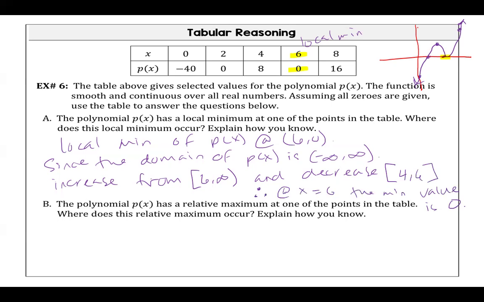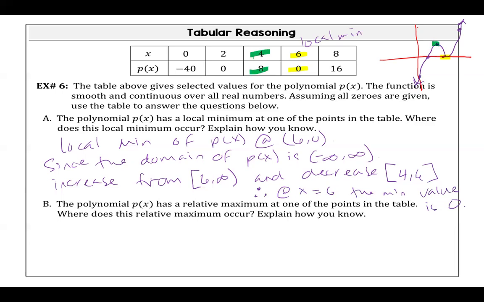All right, so following that same logic, can you identify the local max and tell me why? Yes, in theory, we can. In practice, we're going to do it. So where's our local max? 4, 8, and that's going to be our local max.